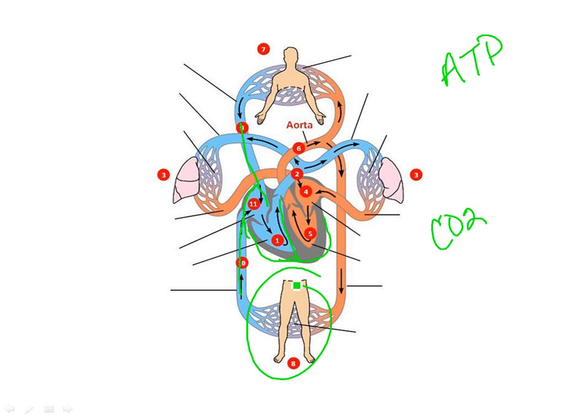So here we have areas below the body. Here we have areas above the body. So this network of blood vessels here represents the lower body capillaries. This network of blood vessels up here indicates the upper body capillaries. So we've dropped off that oxygen.